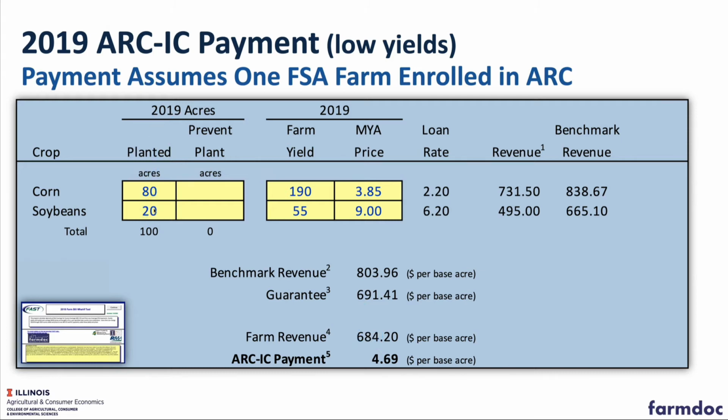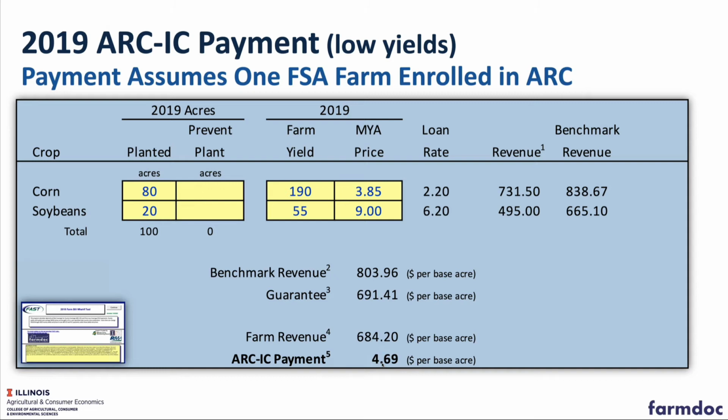If there's only 5 acres of soybeans planted, the whole thing will be based on 5 acres of soybeans planted. The prevent plant do not enter into the calculations. In this case, I have 80, and again, we should be knowing what the 2019 yield is. Well, let's say we have 190 and 55. I'm using our $3.85 and $9 market year average prices. We would get a $4.69 payment here.